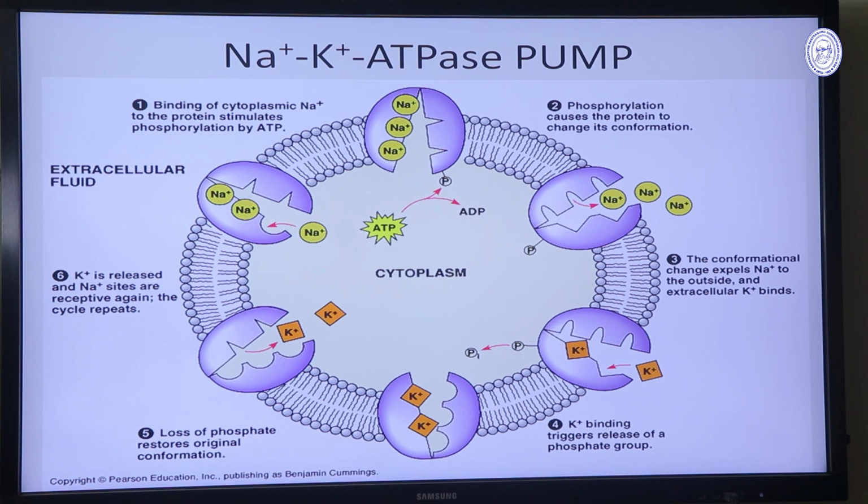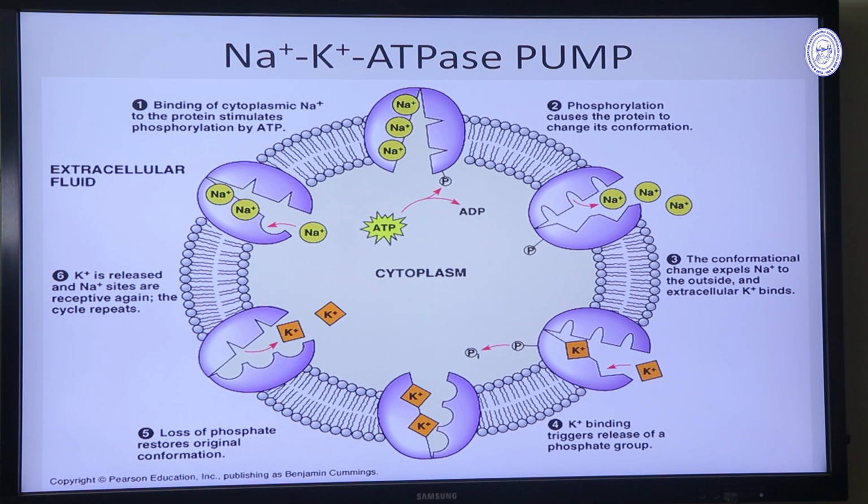Now, this portion is very important and a bit complicated also, that is the sodium potassium ATPase pump. We can see that at the first point the pump protein is open to the cytosolic part.